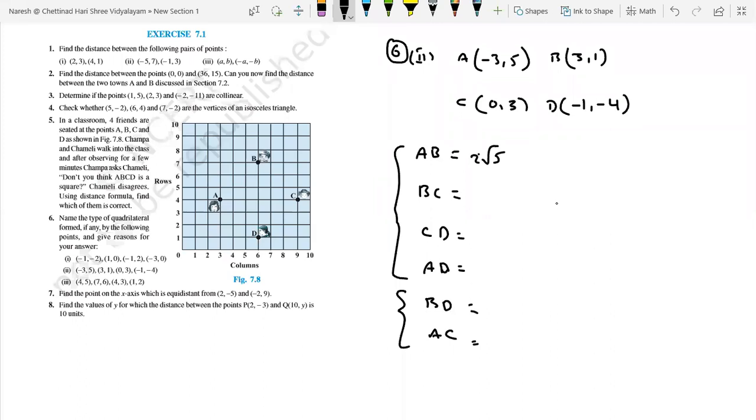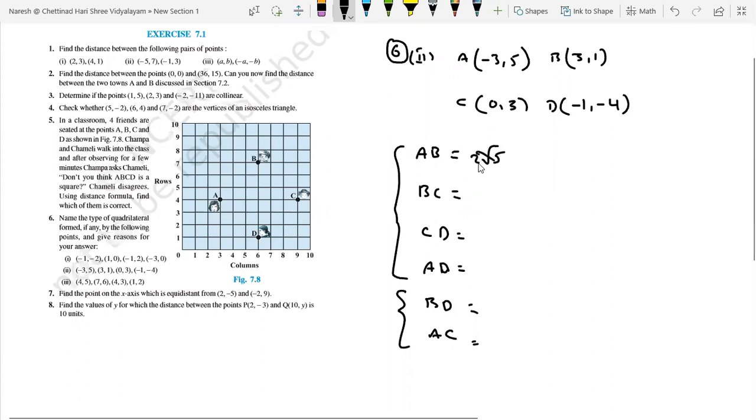Is AB 2 root 5? Guys, Niranjan. Sir, AB is root 52, sir.